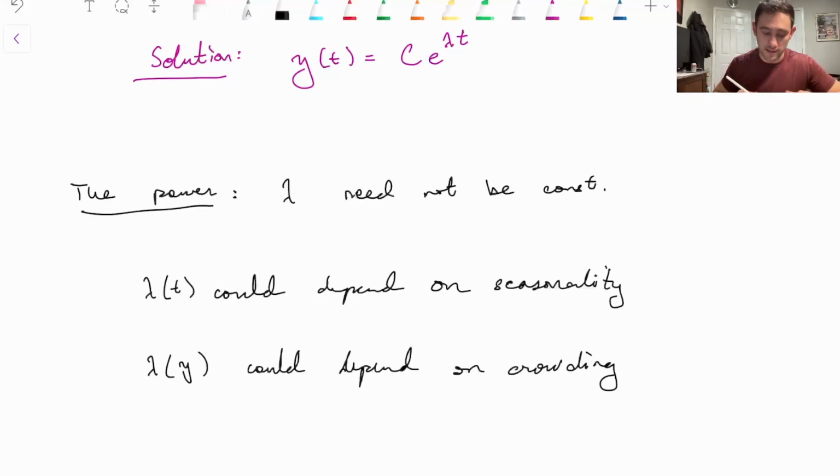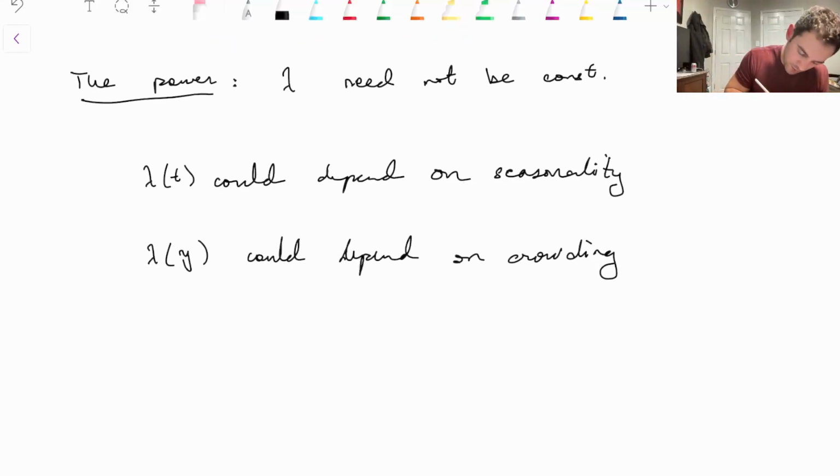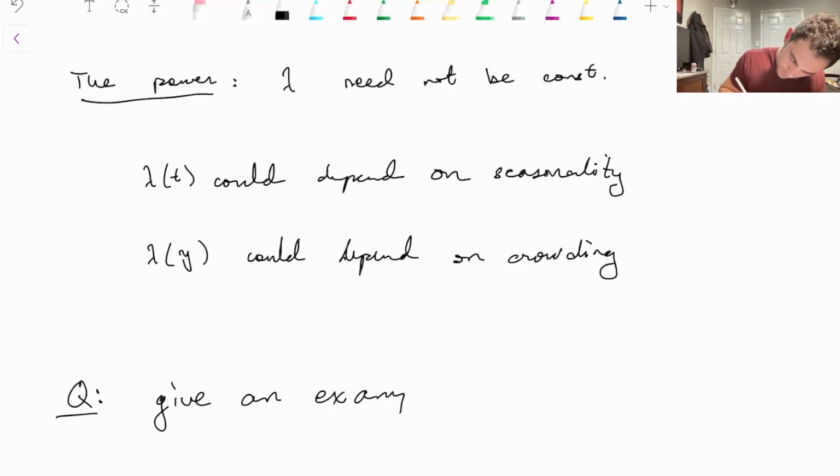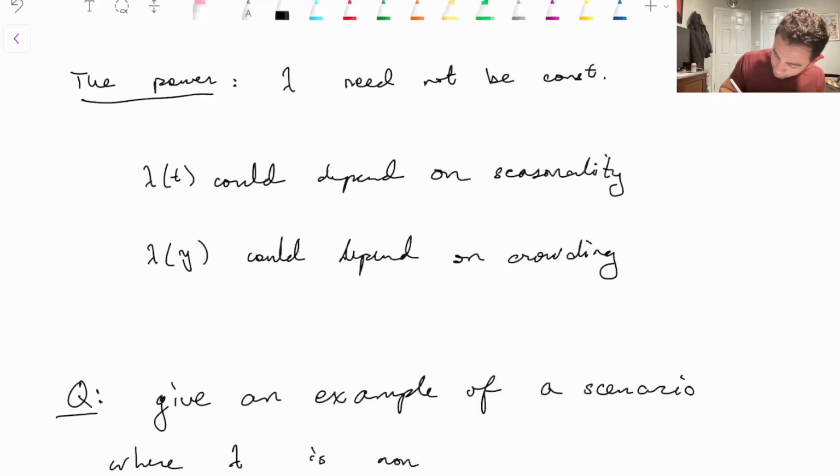So let me conclude with this. This is my question to you. Can you give an example of a scenario where lambda is non-constant?